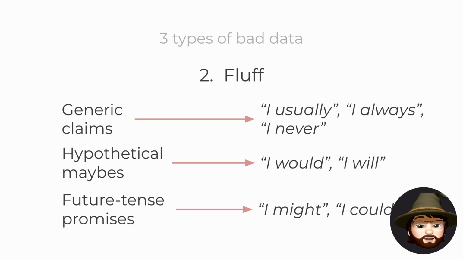If you're asking things about the past, you shouldn't be getting these types of answers. So you're probably asking the wrong questions, like "What will you do? What will you think about this?" and stuff like that. So you're getting opinions. You're getting fluff, not facts from the customer, and this is usually useless data.